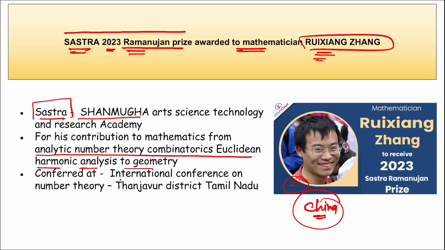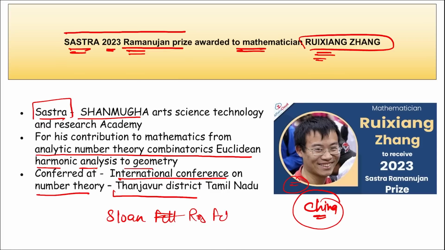The prize will be conferred at the International Conference on Number Theory that is going to be held in Thanjavur, Tamil Nadu. Correct? And this person, Ruixiang Zhang, who is a mathematician and an assistant professor, was also awarded the Sloan Research Fellowship, that is Sloan Fellowship or Sloan Research Fellowship, and this fellowship was awarded to him in 2022.